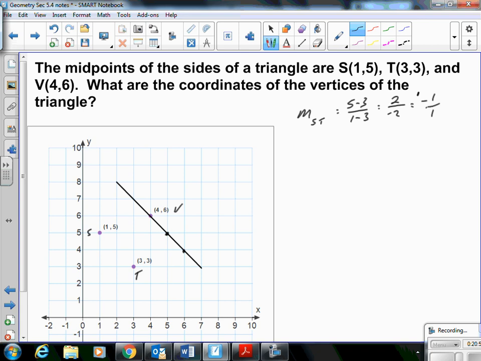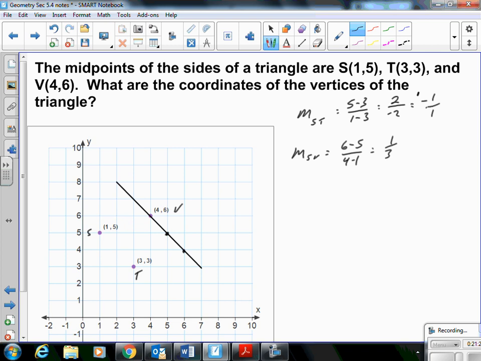And then I need the slope of SV. So for SV, we're going to have 6 minus 5 over 4 minus 1, or a slope of 1/3.